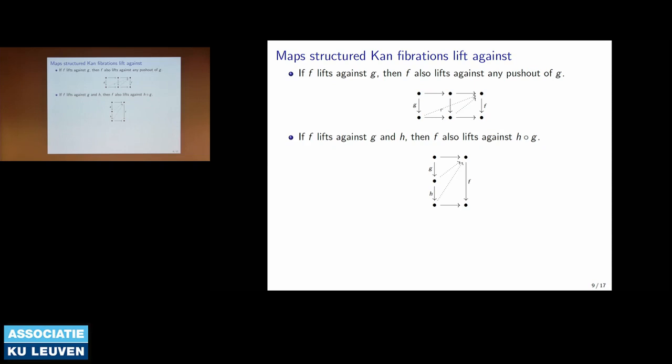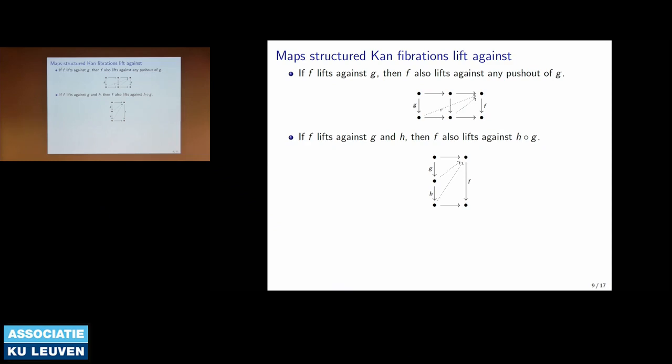Suppose that you have a map, and I'm telling you that it is a structured Kan fibration, so we are given favorite fillers against horns. What other kinds of maps do we also have fillers against besides horns?